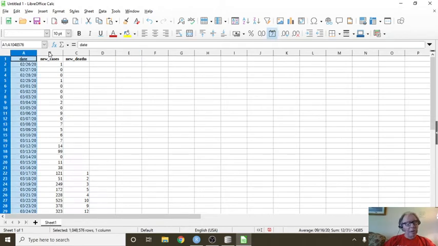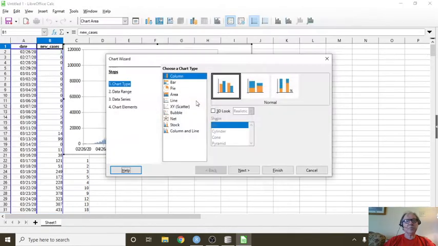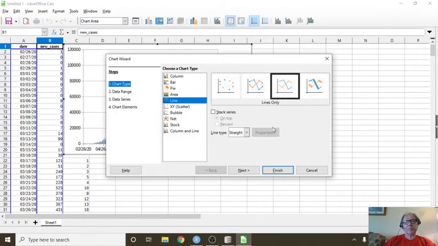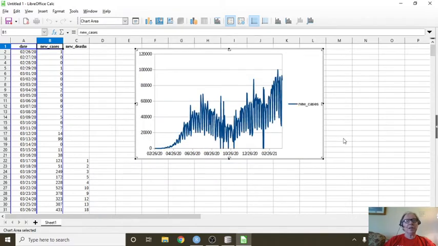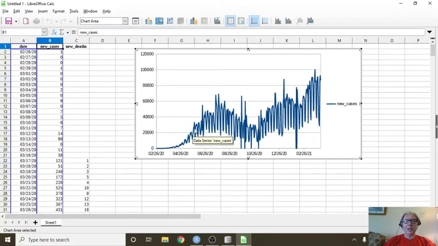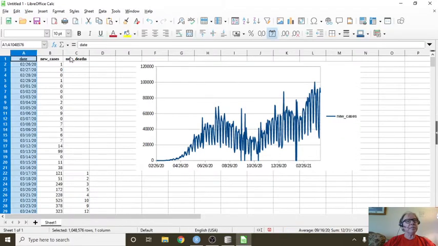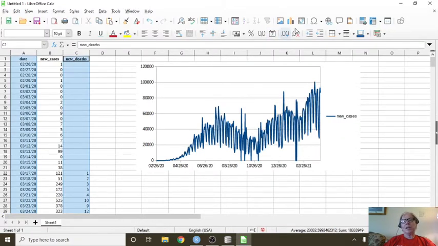So let's just do a quick plot of cases. Obviously, this isn't good. All right, so this is daily cases. Let's take a look at daily deaths.